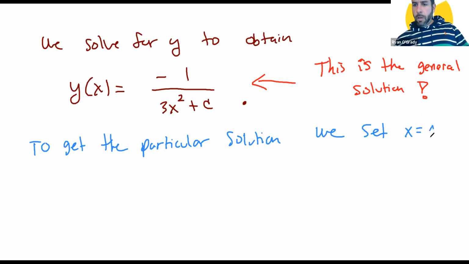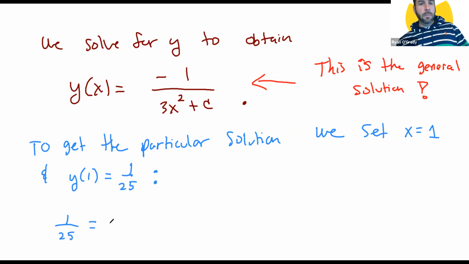Yeah, x equal to 1 and y of 1 equal to 1/25. So you're left with 1 over 25 on the left-hand side has to be equal to -1 over 3 plus c. And that implies that c has to be -28.